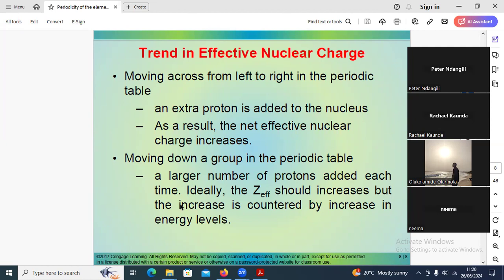You have extra layers that are being introduced as you move down a group. Therefore the increase in the number of protons is counteracted by the increase in the energy levels, and this counteraction means that as you move down a group, the effective nuclear charge decreases.